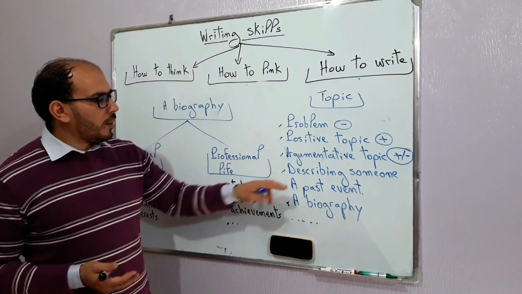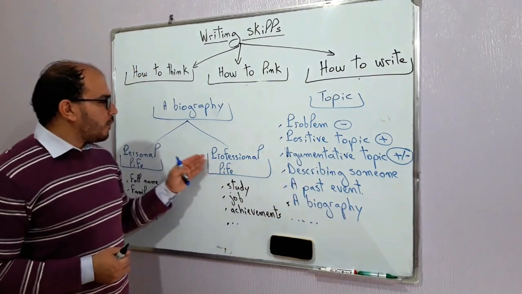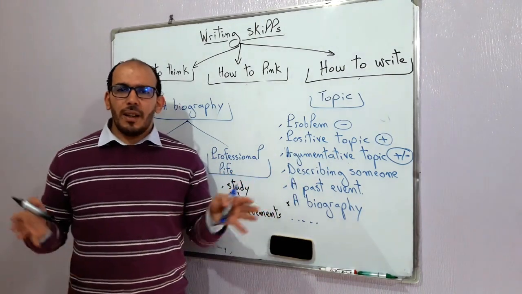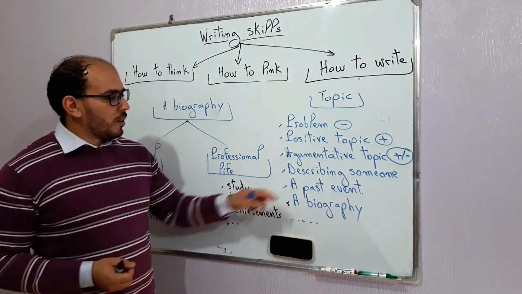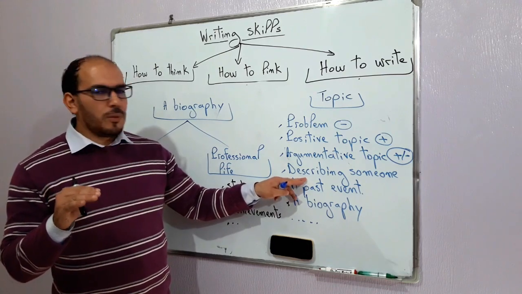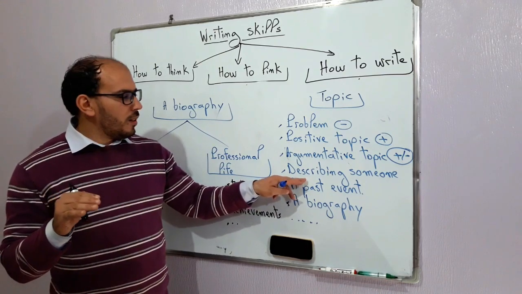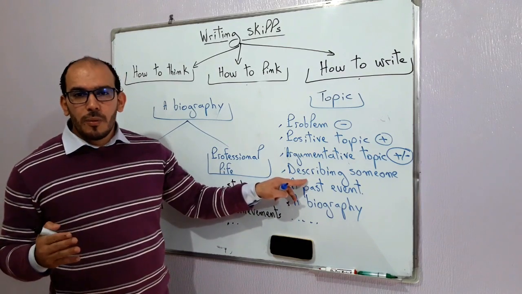and of course by the end I can give my own opinion. Next, for describing someone, we have two things. I have physical description and moral description. When we have physical description, I describe very quickly the height, the weight, the age, the hair, and also the face.